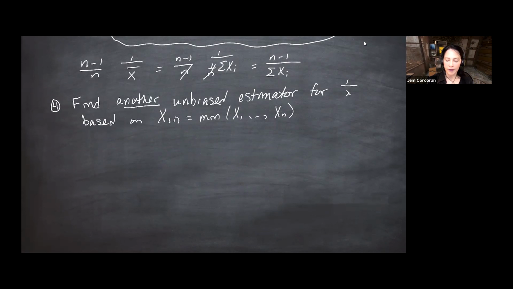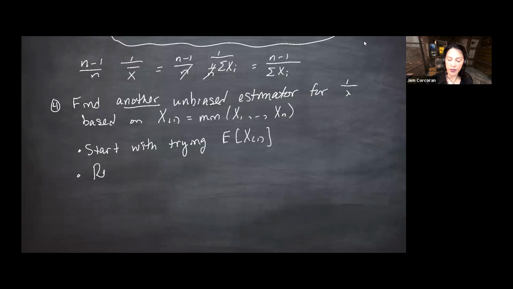Okay, so to find an unbiased estimator for 1 over lambda based on this guy, I would start by finding the expected value of this guy and seeing if I can manipulate it. I'm going to start with trying the expected value of the minimum. So recall that we found the distribution of the minimum, and if you don't recall it, or if we hadn't done it, at this point you would want to find the distribution of the minimum.